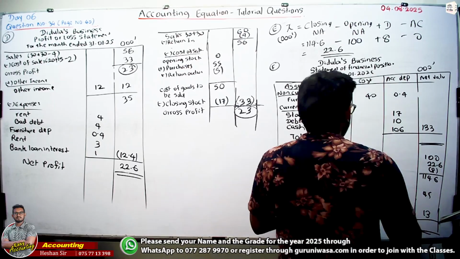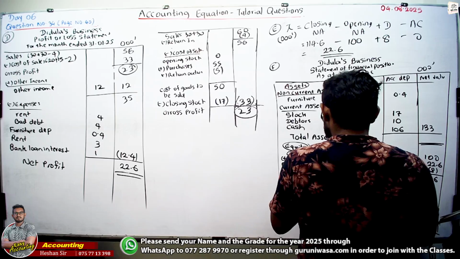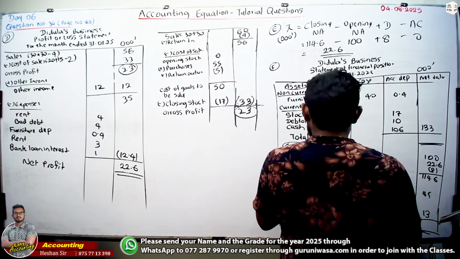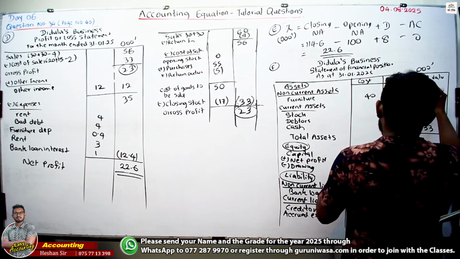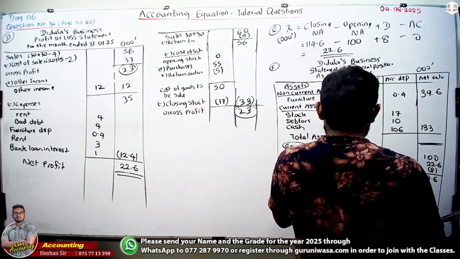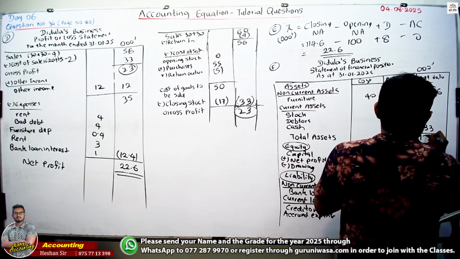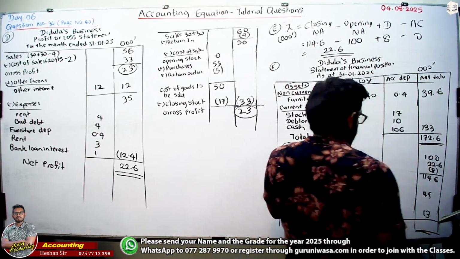40 minus 0.4. 40 minus 0.4. Then it's 39.6. 39.6 plus 133, which means 172.6.